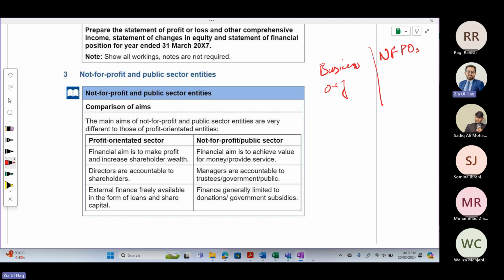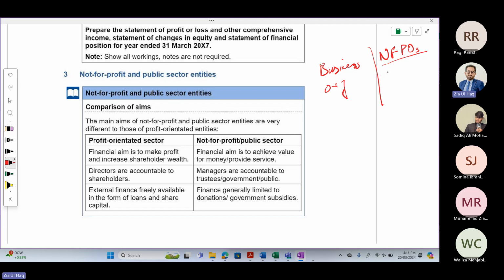Business organizations are those whose main purpose is to generate profit, and normally private organizations are called business organizations. But NFPOs, not-for-profit organizations, have a main objective that is not to generate profit. Their objective is other than profit, like providing some kind of services to the community.